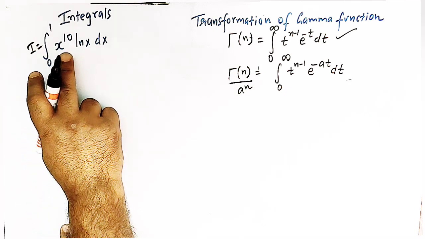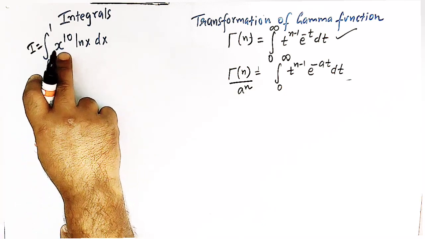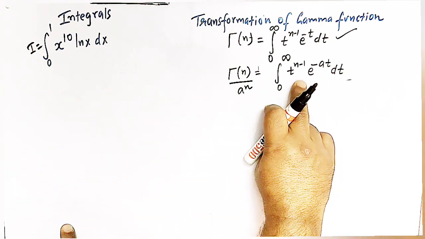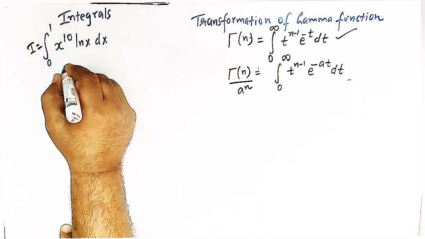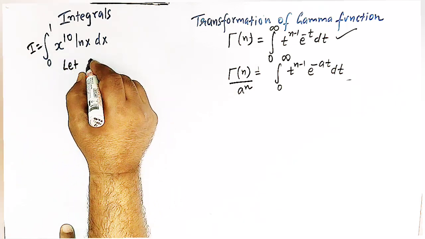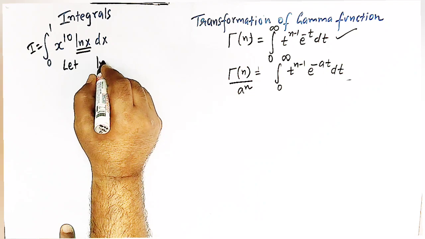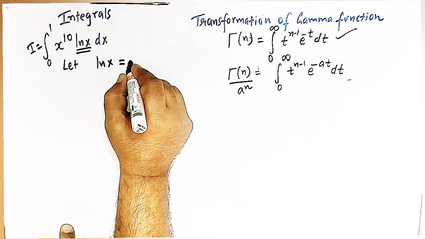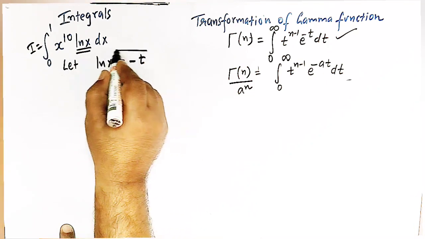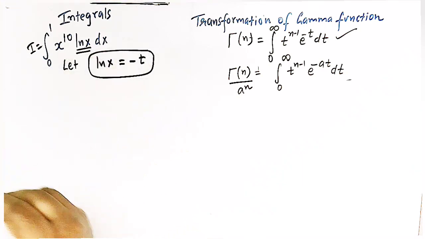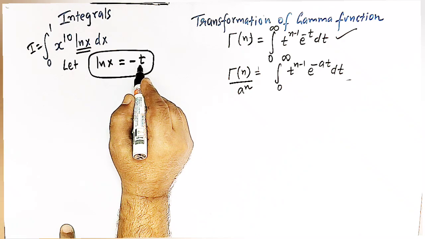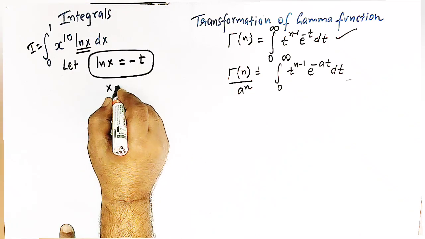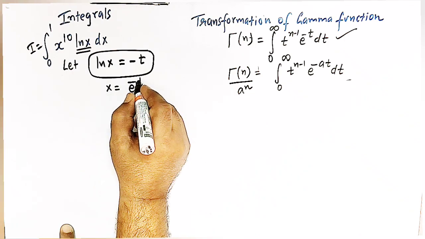Now let us try to express this integral into this form, and here we are going to make use of the method of substitution. We take the substitution natural log of x is equal to minus t, so that x can be written as e raised to minus t.